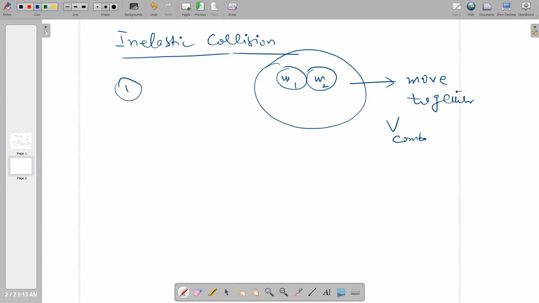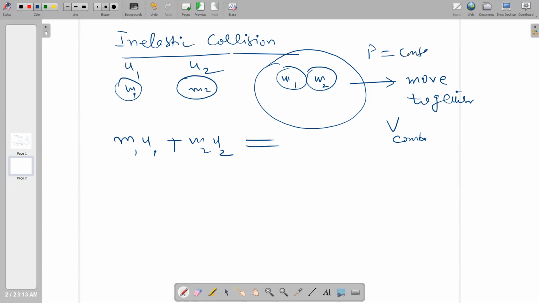Suppose this is m1, its velocity is u1. This is m2, its velocity is u2. So before collision, the momentum is m1 u1 plus m2 u2. After collision, momentum is conserved here, meaning constant. So after collision, both bodies stick together, their masses are added, and they move with the common velocity.